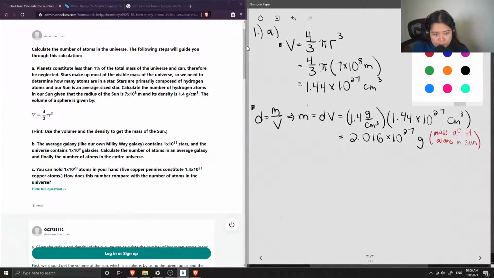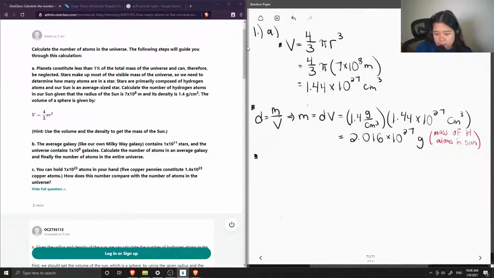Okay, so we know the mass of the hydrogen atoms in the Sun. Now let's try to figure out how many atoms this is. How many atoms of hydrogen are in the Sun.